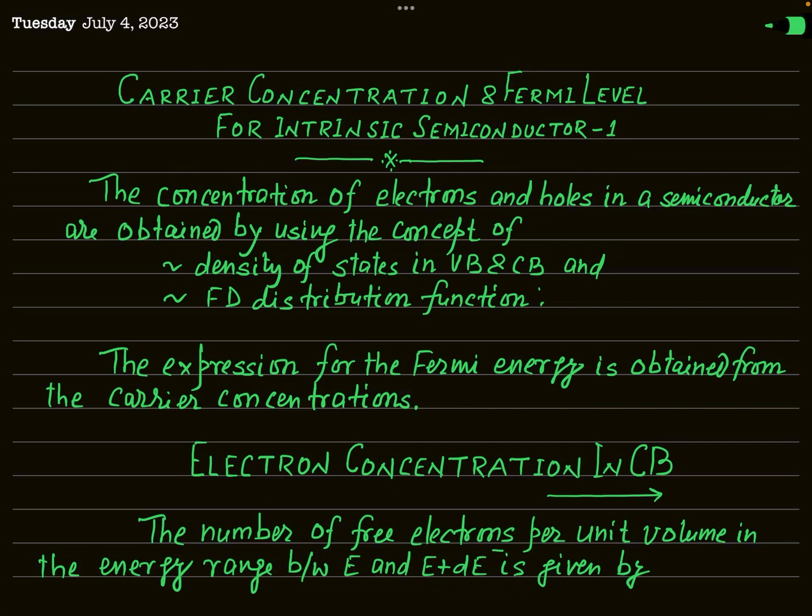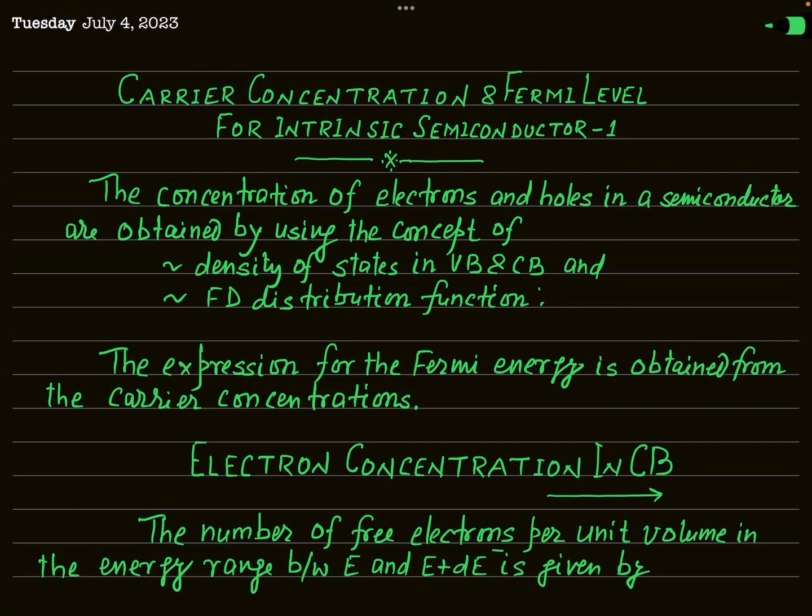Since electrons and holes are fermions, they obey Fermi-Dirac statistics. So definitely, if you are talking about the concentration of electrons and holes, you must follow the technique of Fermi-Dirac statistics, which we have learned in great detail in our course on statistical mechanics, and also in this solid state physics when you studied the free electron theory of metals.